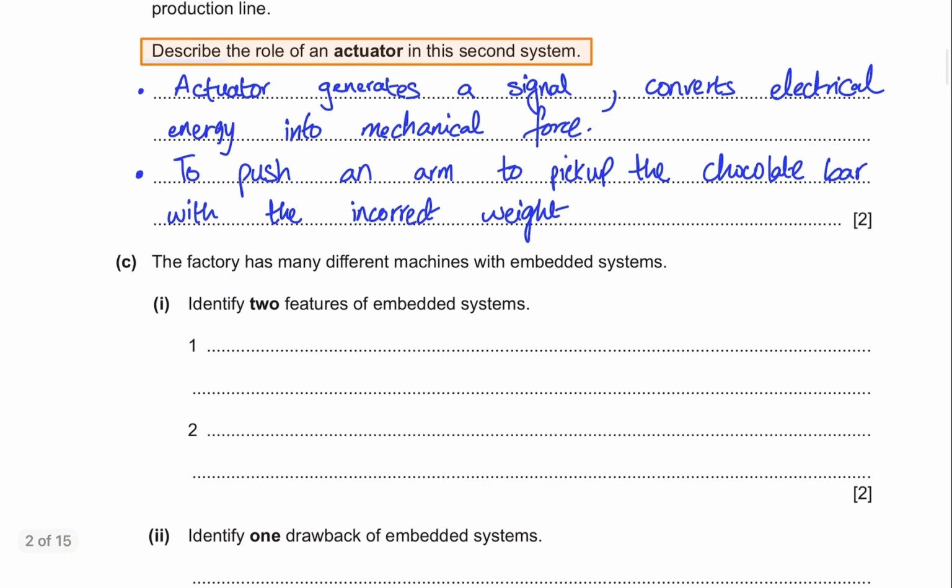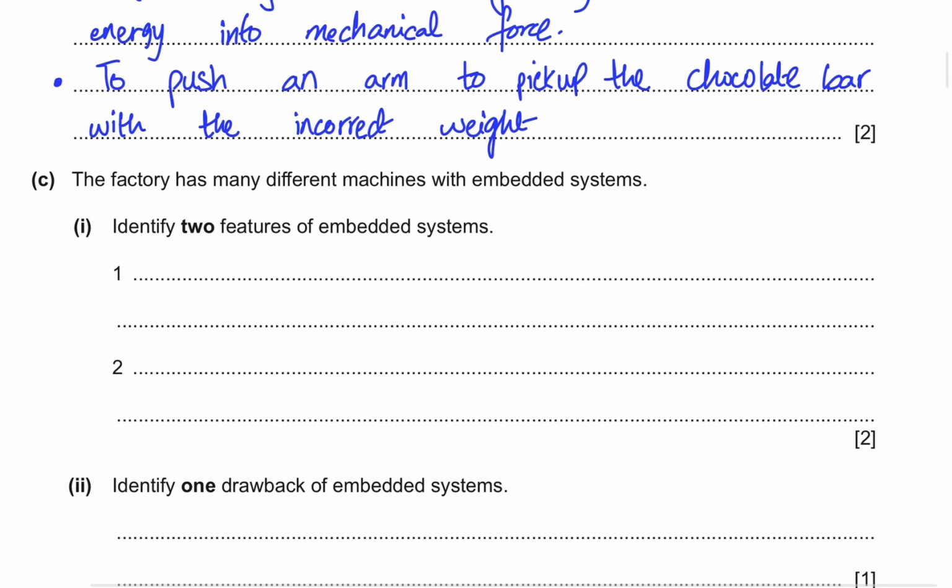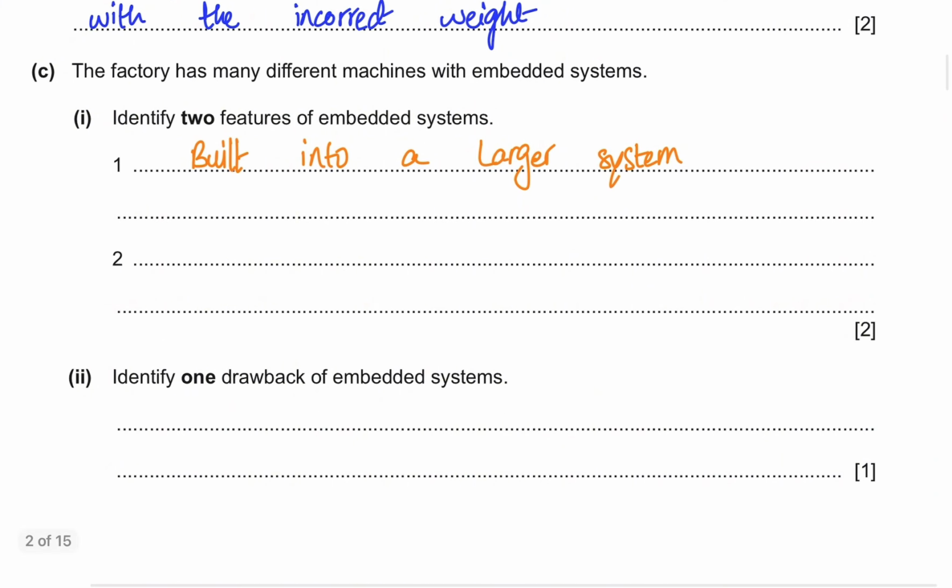Part C says the factory has many different machines with embedded systems. Two features of embedded systems: it's dedicated, it's built into a larger system. Built into a larger system, and it is dedicated to a single task.